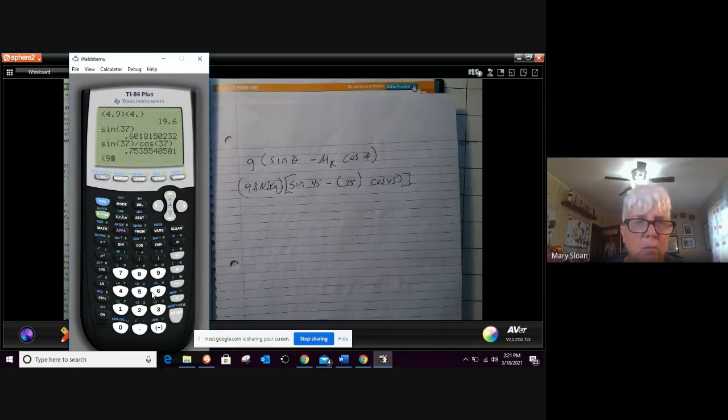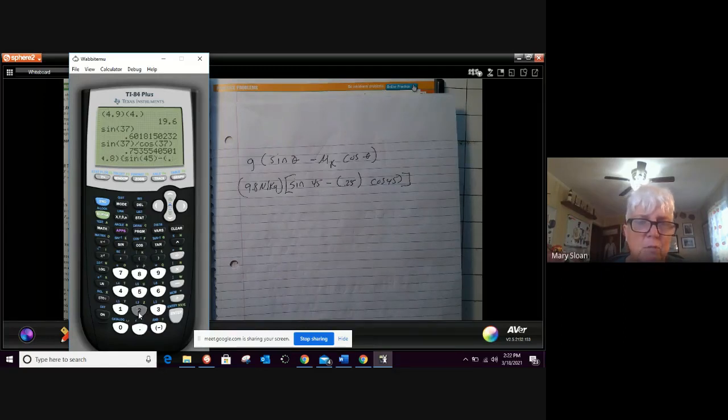You open bracket with your 9.8, and you close your bracket. Now it's telling me to use a big bracket. To do that, you see above there's a blue sign. If I do second, do you notice my bracket's different? Now I'm going to do sine 45, close it. I'm going to do subtraction, and that's 0.25.